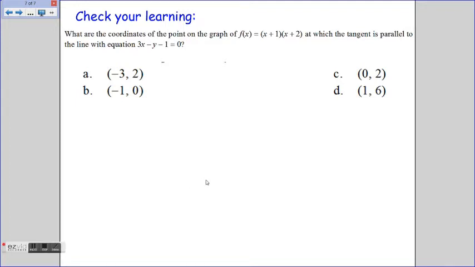I'll give you a little bit of a hint. You need to find the derivative, which will give you the slope of the tangent. And for this line, you just need to isolate y and turn it into slope-intercept form. Compare the two slopes, and parallel lines have a characteristic feature about the slope. So make your decision.